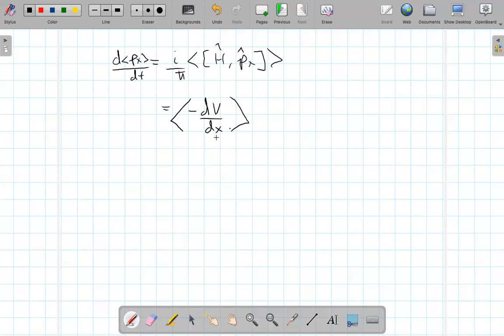Now, classically, what's p dot? What is the time derivative of the momentum? You guys remember that from classical mechanics? What's the time rate of change of the momentum? Force. Force, good. So this says that the force is on the left-hand side, and what is minus the derivative of the potential with respect to position?